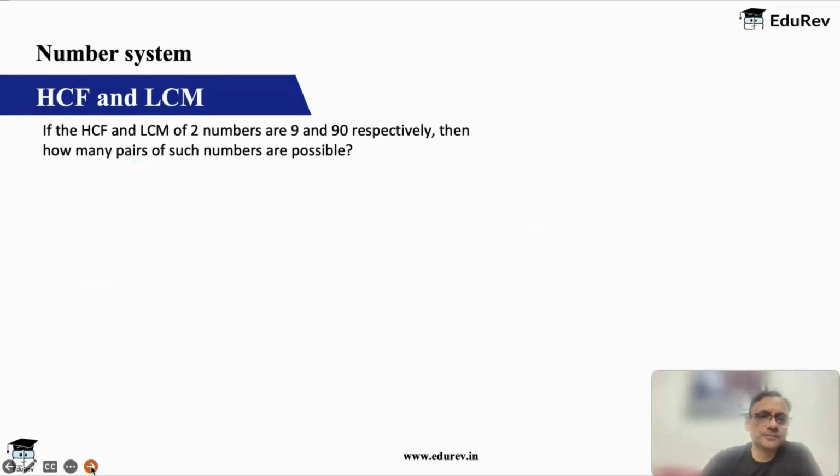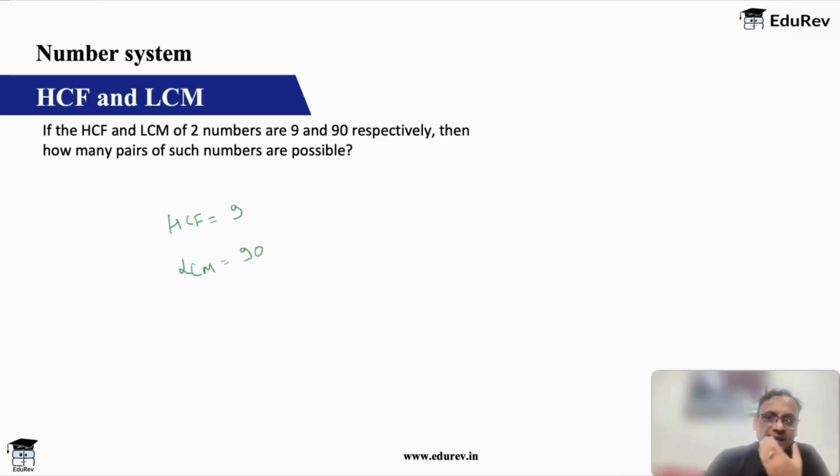Let's now move on. One concept that we discussed just now, in fact this is a recap of that concept, very important. LCM and HCF of two numbers are given. HCF is 9 and LCM is 90.